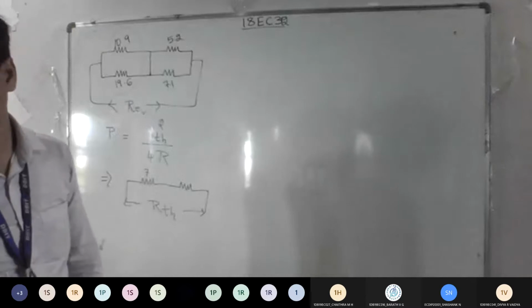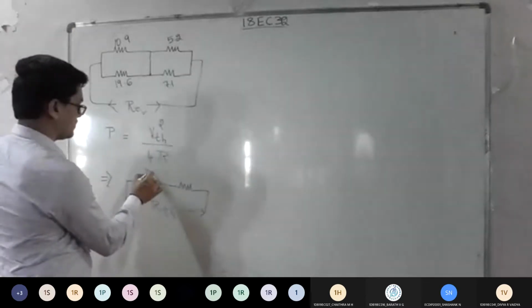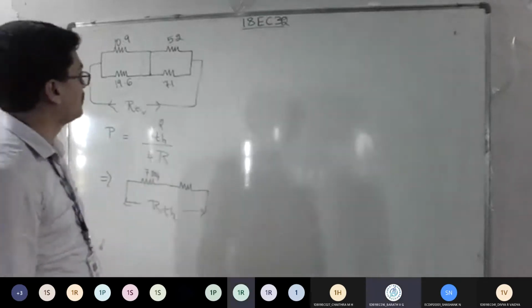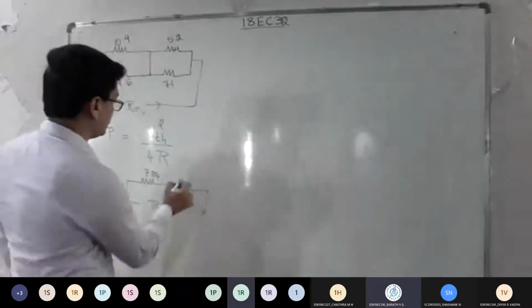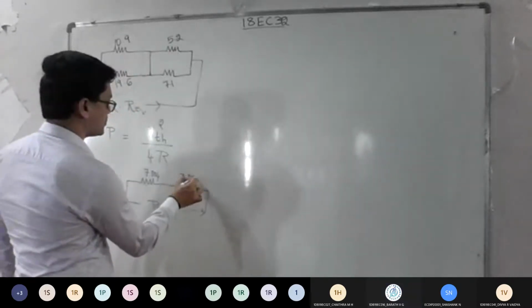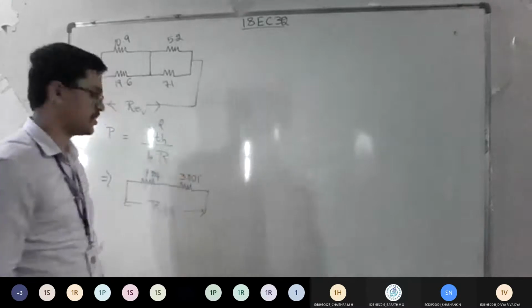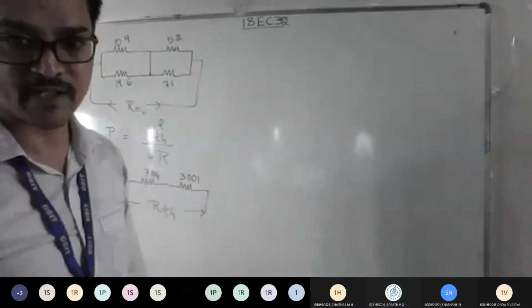So the 10.9 combination is over. Next. What about the next one? 3, sir. How much here? 3.001, sir. Okay, 3.001. You can take 7 and 3, not an issue.